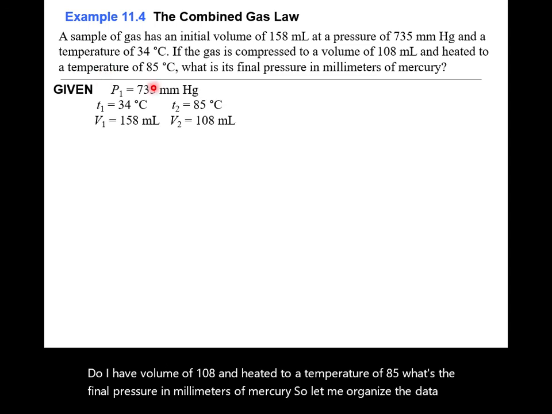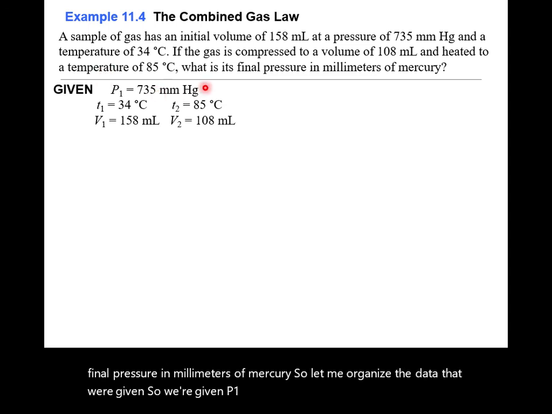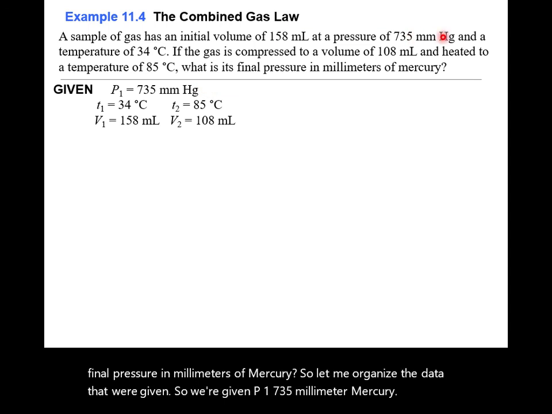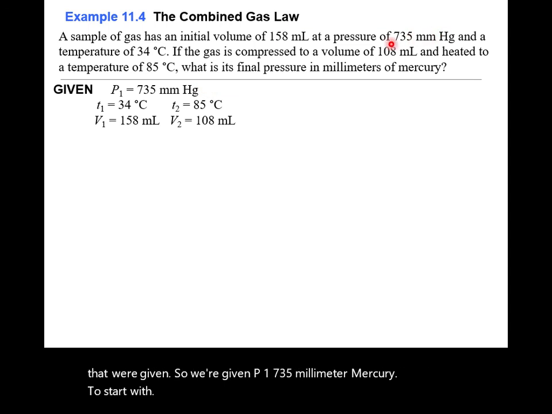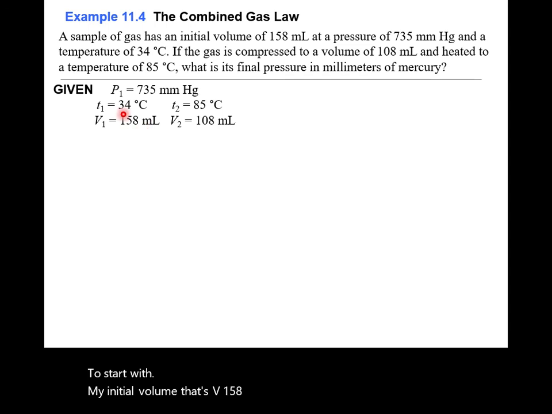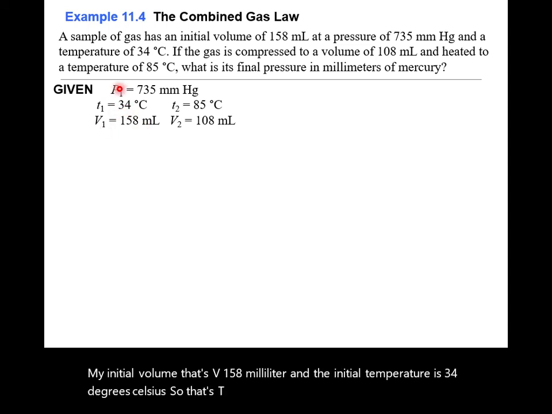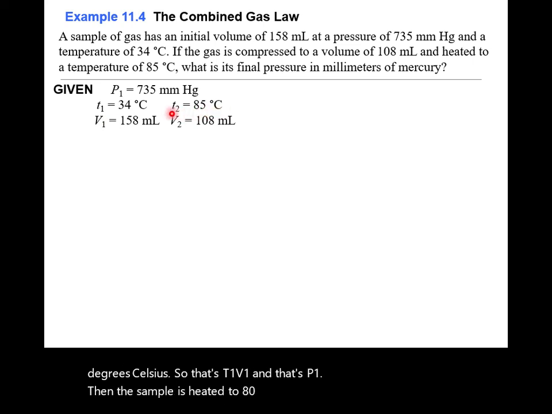We're given P1, 735 millimeters of mercury to start with. My initial volume, that's V1, is 158 milliliters, and the initial temperature is 34 degrees Celsius. So that's T1, V1, and that's P1. Then the sample is heated to 85 degrees, that's T2, and compressed to 108 milliliters, that's V2.